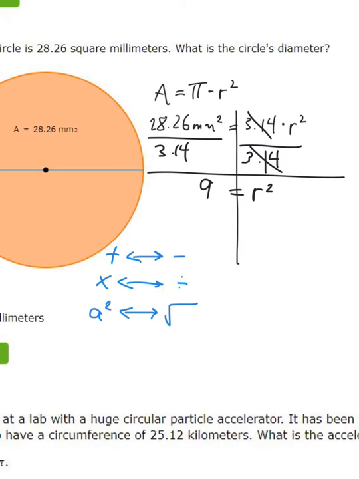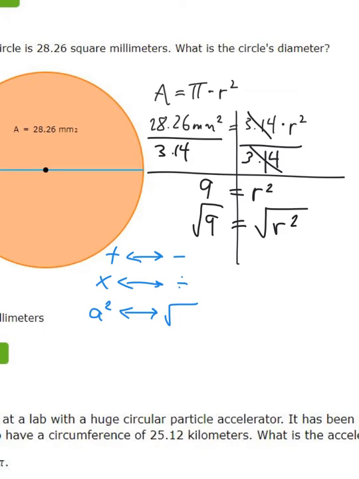The square root is basically asking, what would you get if you unsquared? In this case, I know that 3 times 3 is 9, so I know that radius has to be 3, because 3 to the second power is 9. But sometimes you have a number that's not quite so friendly over here, so you'll want to use this in your calculator. So what that would look like on your paper is you'd be taking the square root of both sides.